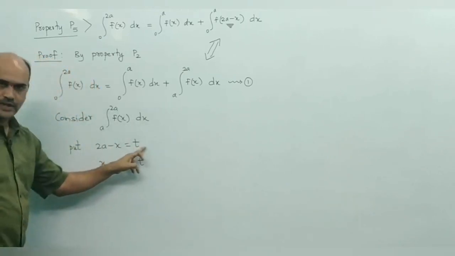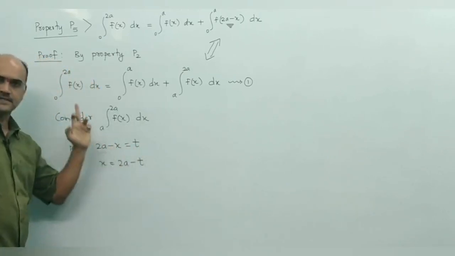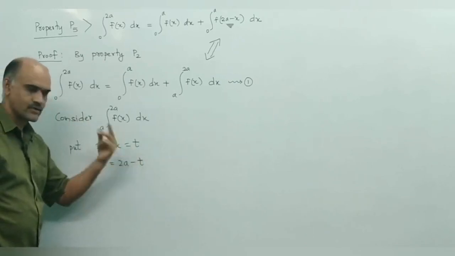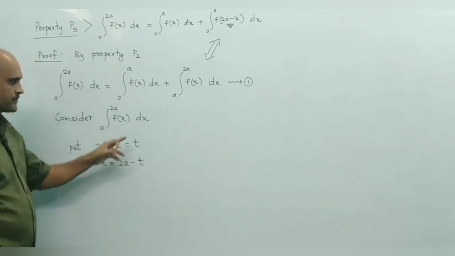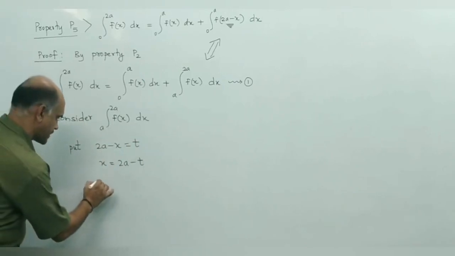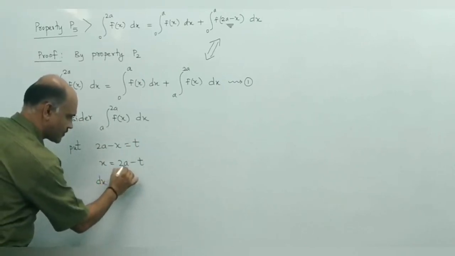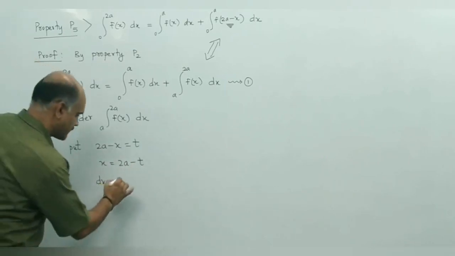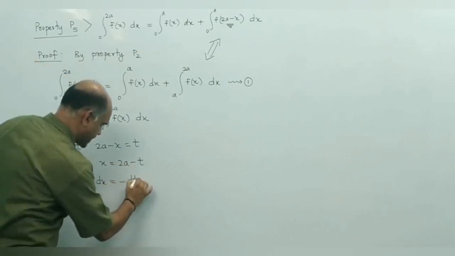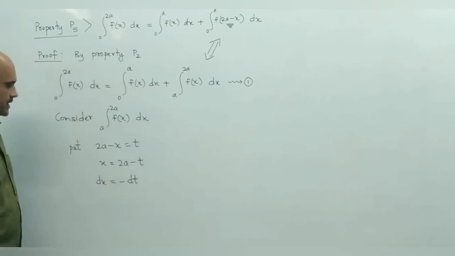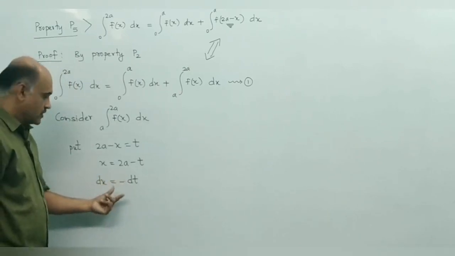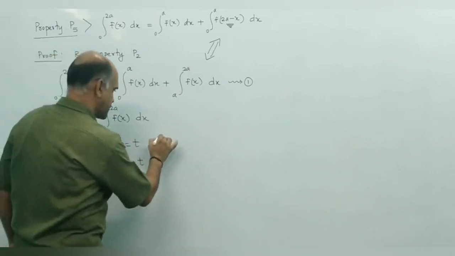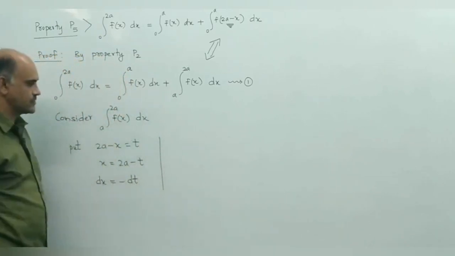Now again if I differentiate, dx is equal to, differentiation of 2a is 0, differentiation of t is minus dt. Minus dt. Now, if you substitute, you are required to change the limit also.